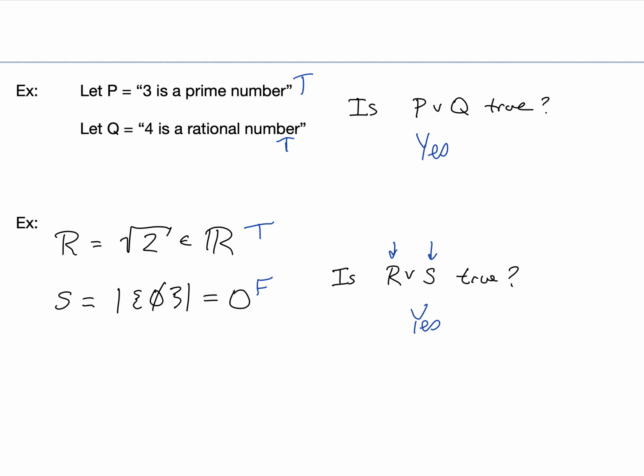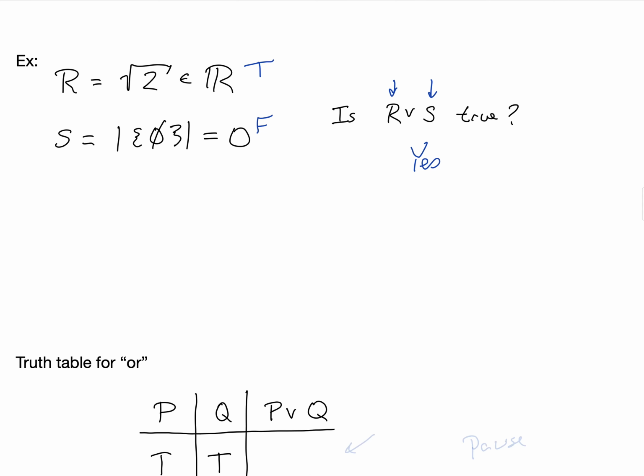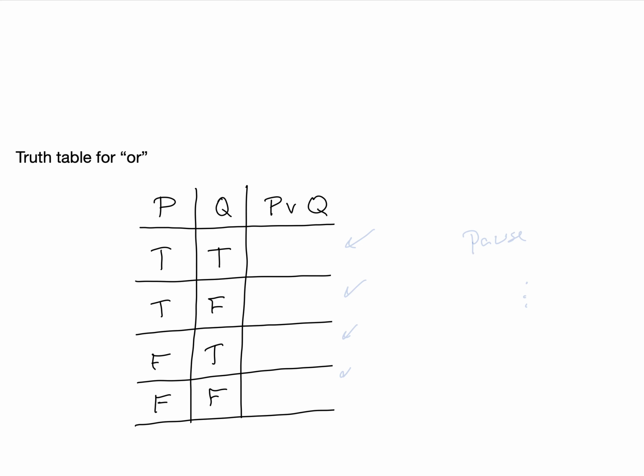Okay, so now I'd like you to write a truth table for or. Again, just take a quick pause and think about what goes in these parts of the truth table, given the truth value of P and the truth value of Q, what are the truth values of P or Q? Take a second to think about that. All right.